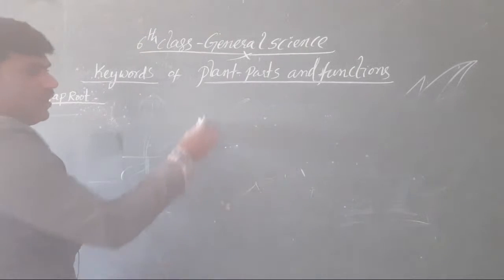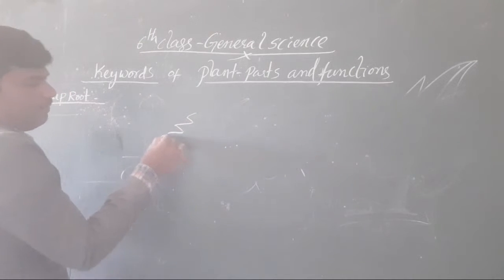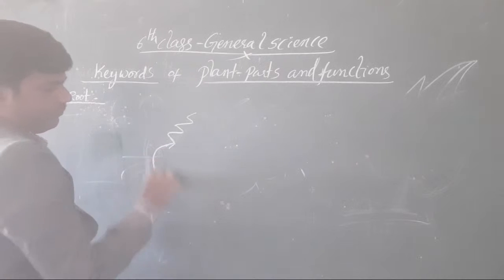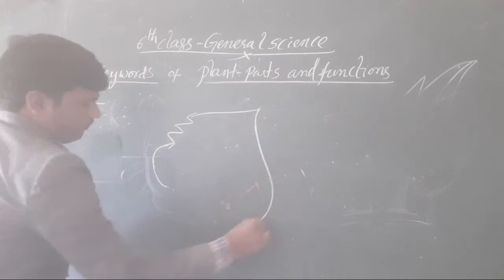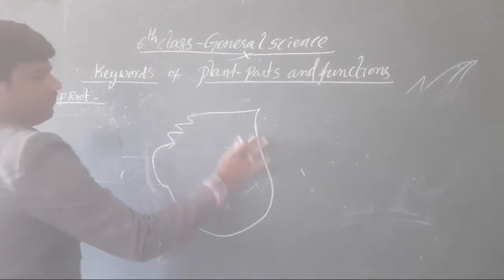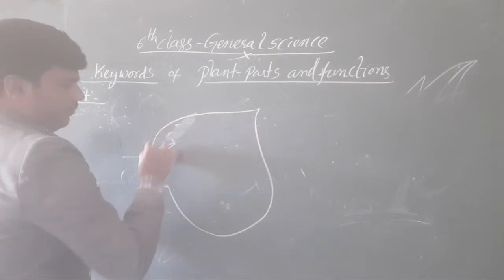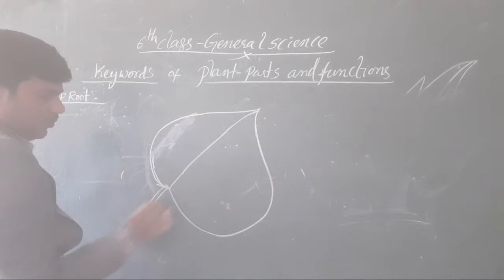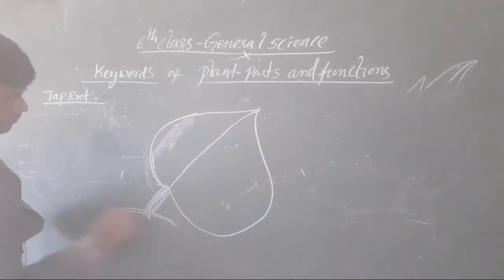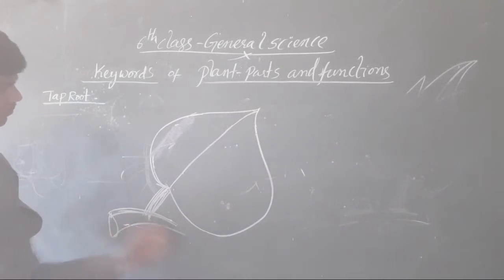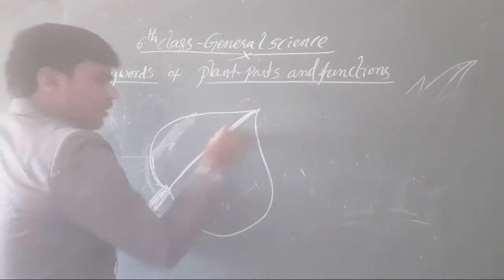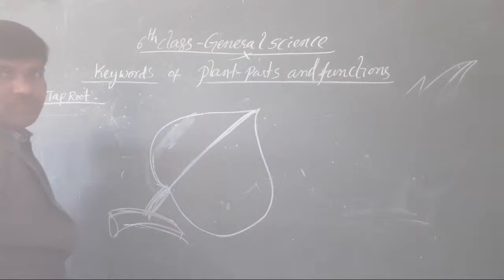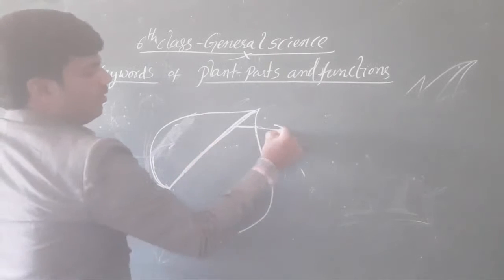On the leaf there is a central line. This is called the midrib.